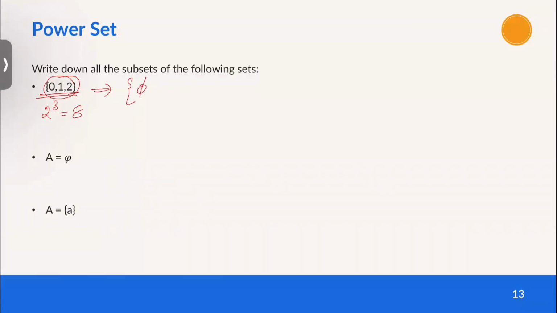First we'll write the empty set. Obviously the empty set will be an element of the power set. Then 0, then 1, then 2, then 0 comma 1, then 0 comma 2, then 1 comma 2, then 0 comma 1 comma 2.